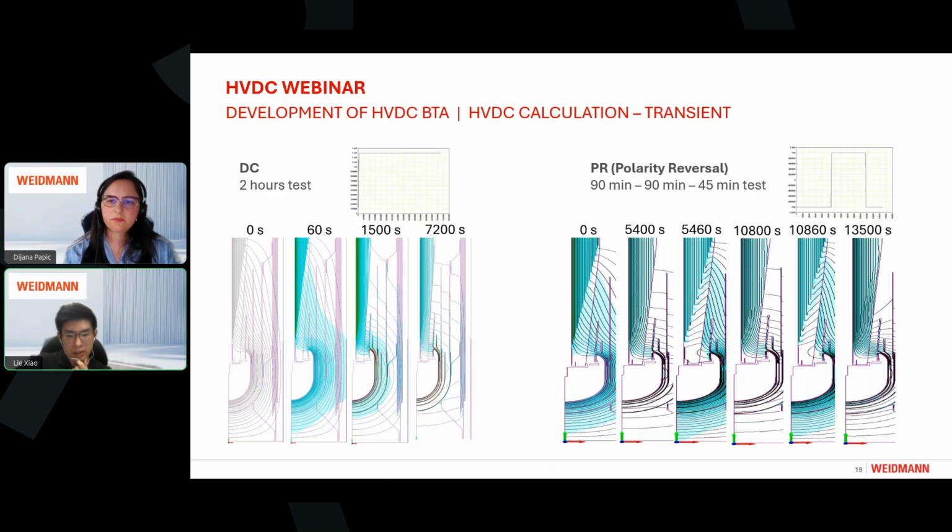Switching is done within minutes between the two voltage polarities, and this is very challenging for the design because of the transient behavior. Here you can see that we capture the plots at different times to find whether there are critical areas or regions in the design. Next page, please.